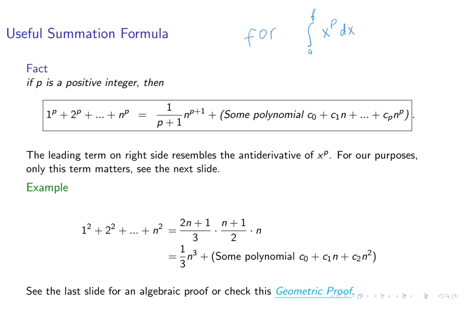So it will be 2n cubed divided by 6, which is n cubed divided by 3. So the leading term of this polynomial is n cubed over 3, and the rest of the terms will have smaller powers: c0 plus c1n plus c2n squared. We'll revisit this fact and discuss the proof at the very end of this lecture.